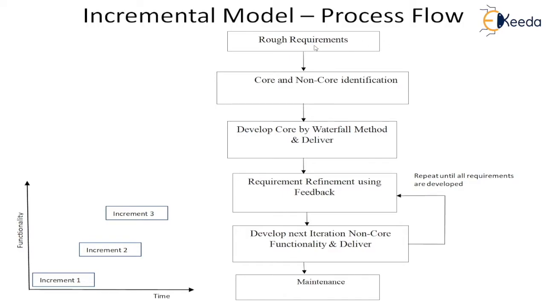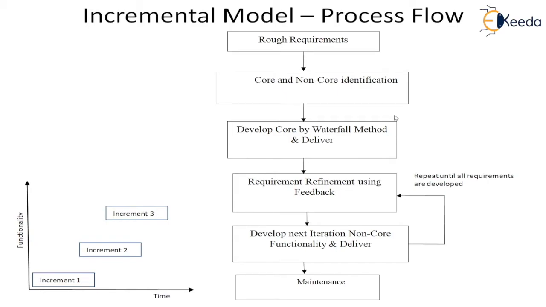We say that this is a rough requirement. This should be good enough for us to identify the core and non-core features. Whatever the basic features or basic functionality are, they have to be taken up in the first increment. So we develop the core functionality using the waterfall method and deliver it.